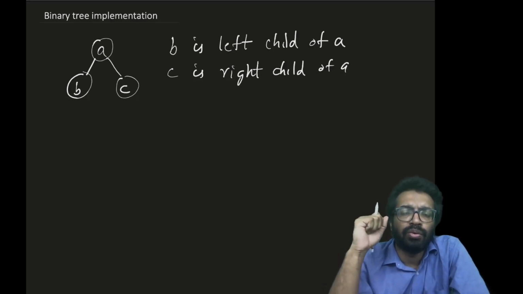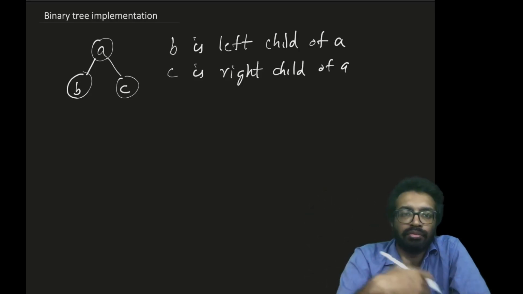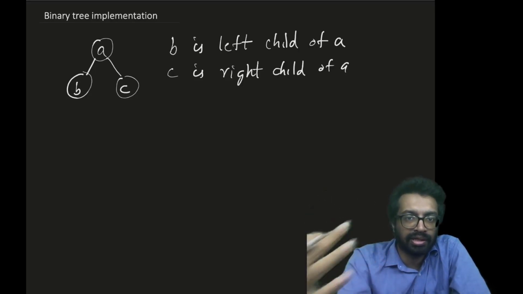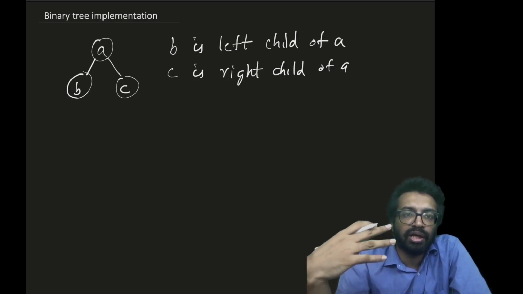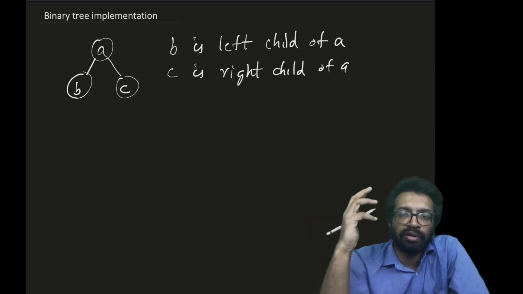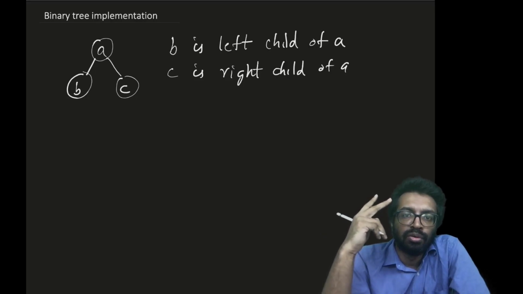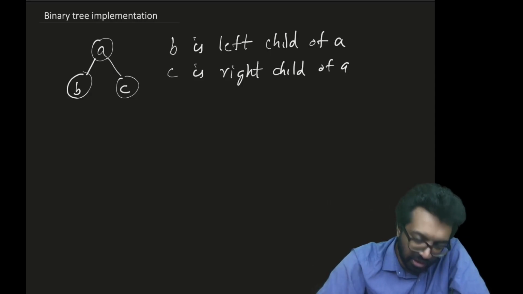Okay. Now, how can I implement this as a data structure? How will a node look like? Okay. So a node will have three things, right?